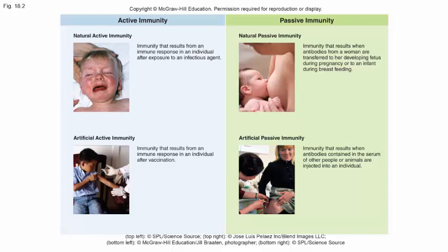This is acquired immunity due to the transfer of antibodies, immunoglobulins, from mother's placental blood or fetal blood, or due to immunoglobulins present in breast milk given to the patient. Okay, and then we have artificial passive immunity. This is acquired immunity due to immunoglobulins injected into the patient to prevent infection from a pathogen.